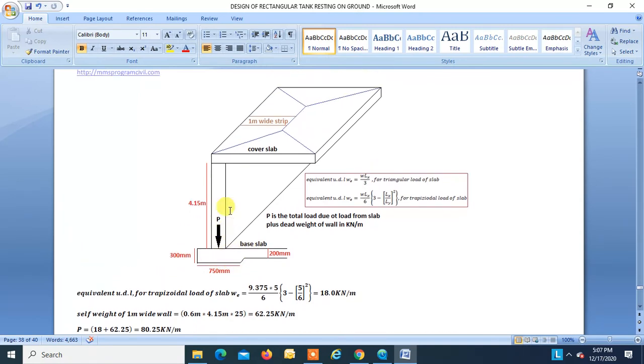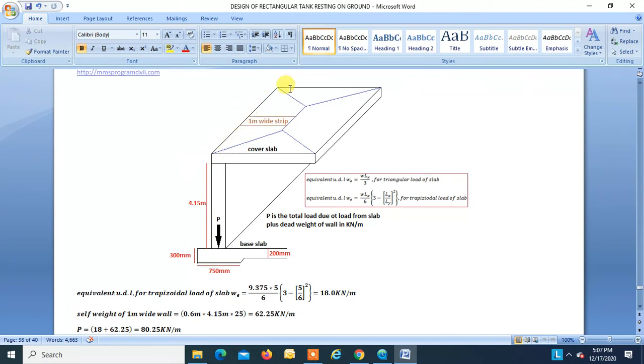First we have to find the load transferred from this trapezoidal part of the slab to the wall. The equivalent UDL WE for the trapezoidal load of slab is given by this formula. I have kept this formula, and from that I got the equivalent UDL as 18 kilonewton per meter.